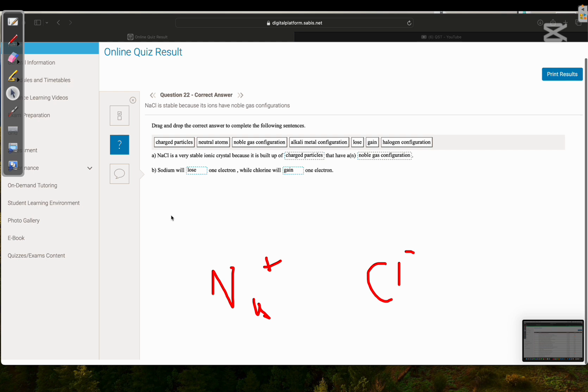Like most elements when they react, they are trying to achieve noble gas configuration, which is when the compound is very stable and has a full set of valence electrons. Sodium will lose 1 electron because it's in group 1 and it's a metal. Chlorine will gain 1 electron because it's a non-metal and it's in group 17.